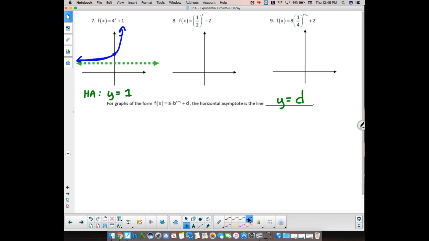Where is the horizontal asymptote in number 8? -2 is a number. Horizontal asymptotes are lines. Y equals -2.